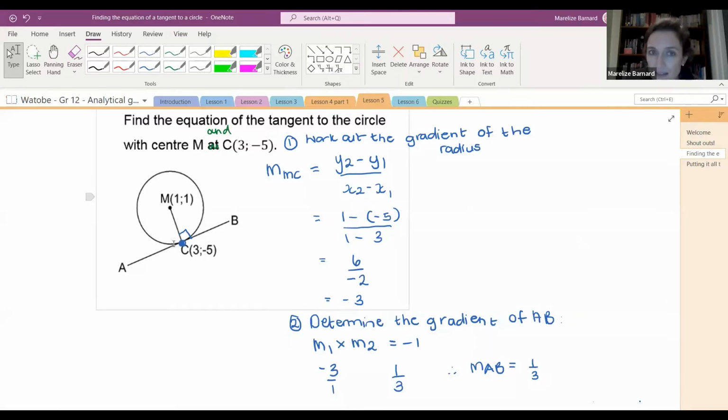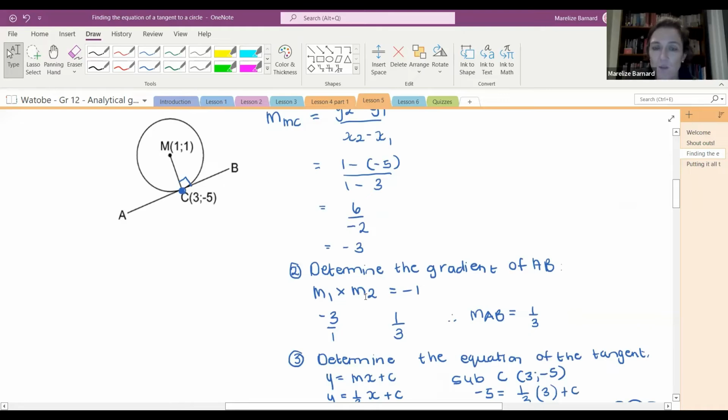We use our standard gradient formula: y2 minus y1 over x2 minus x1. We get the gradient is minus 3. Then to determine the gradient of AB, we use the fact that the lines are perpendicular. So we take the minus 3, flip and change. We do the reciprocal: instead of 3 over 1, we do 1 over 3, and we change the sign.